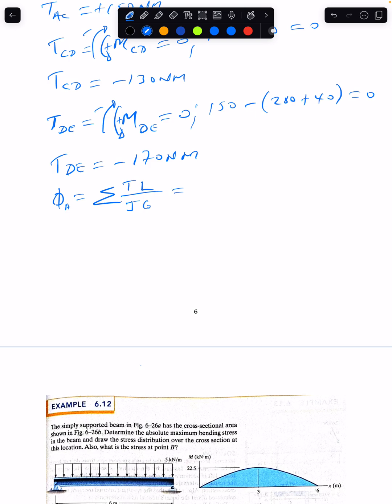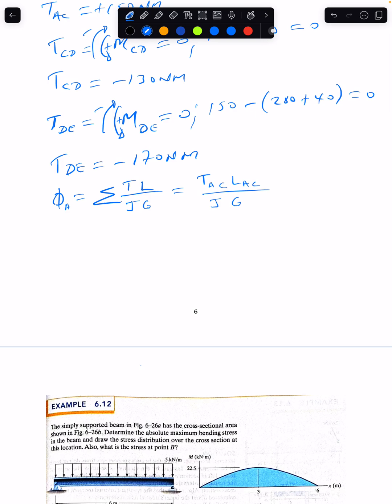And that, which we know, has to be taken from torque for AC, length for AC over the polar moment times the modulus of elasticity.